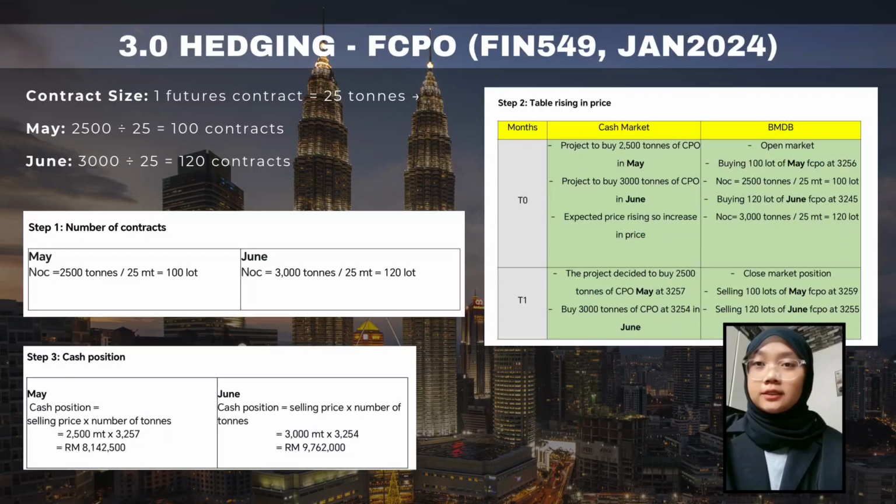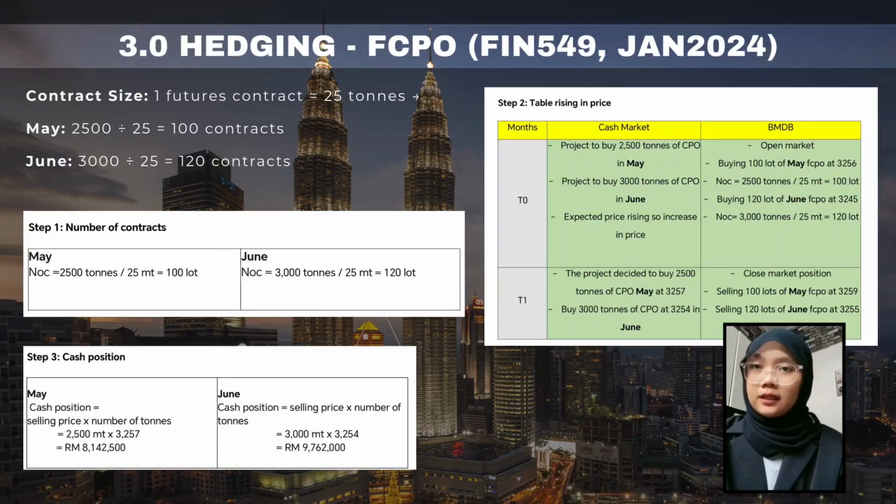The second step is market price movement. Now let's look at what happened in the market. At time T0, when Ahmad entered the futures market, he bought the May contract at RM 3,256 and the June contract at RM 3,245. Then later at time T1, prices go up.